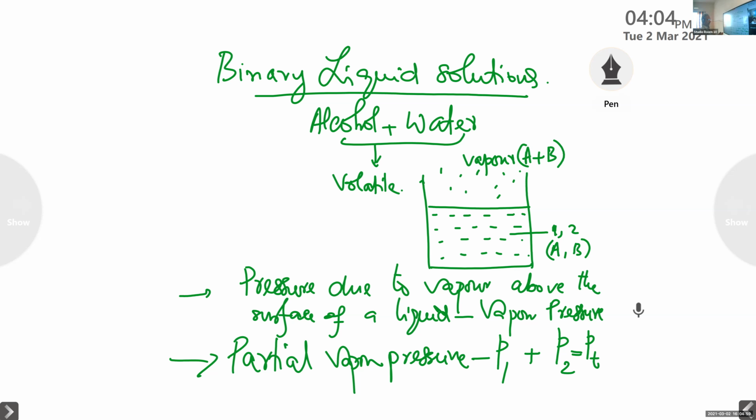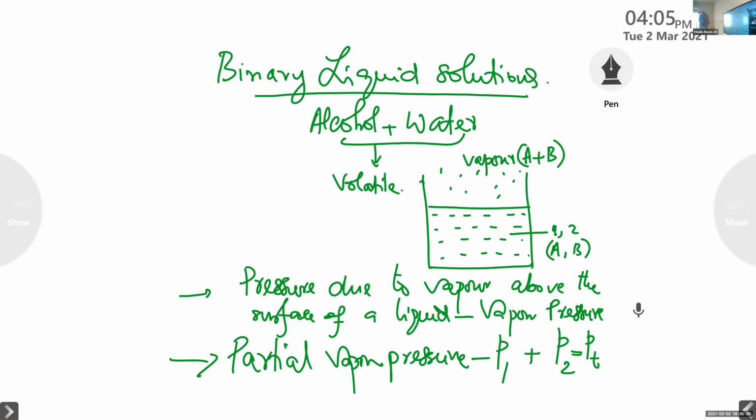So the vapor is also a mixture of the components, for example, 1 and 2. The pressure due to each component is called the partial vapor pressure of the component. If P1 is the partial vapor pressure of component 1 and P2 is the partial vapor pressure of component 2, then total vapor pressure Pt is equal to P total is equal to P1 plus P2. Is it clear now?